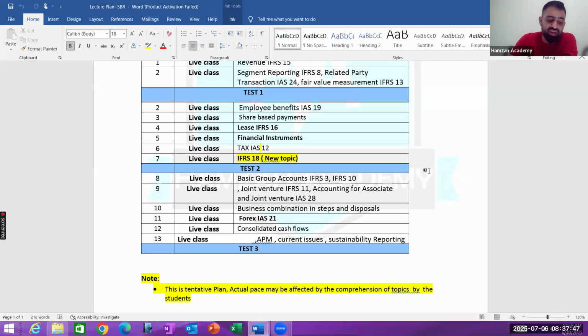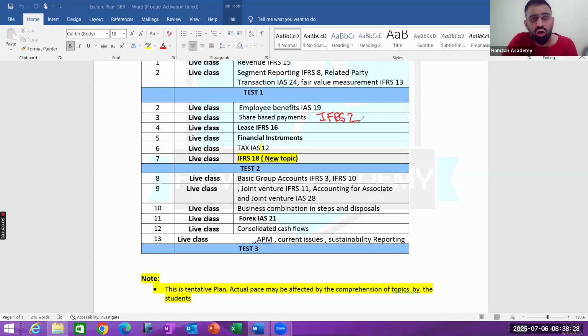Then we have share-based payment. Share-based payment is an accounting standard known as IFRS 2. Share-based payment means normally when an entity purchases something, they give consideration in the form of cash. But sometimes companies give consideration in the form of their equity instruments.